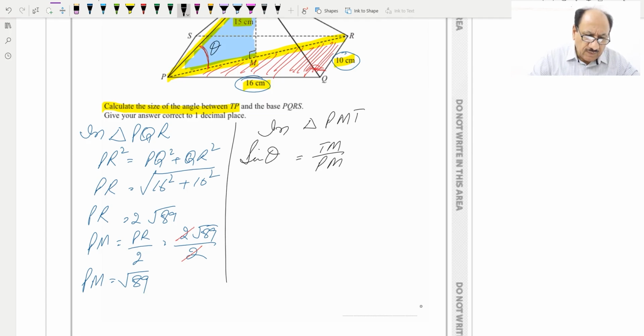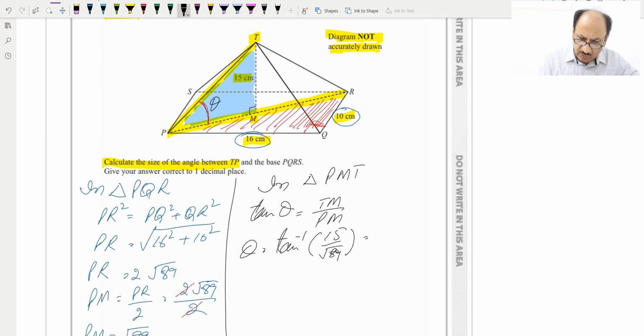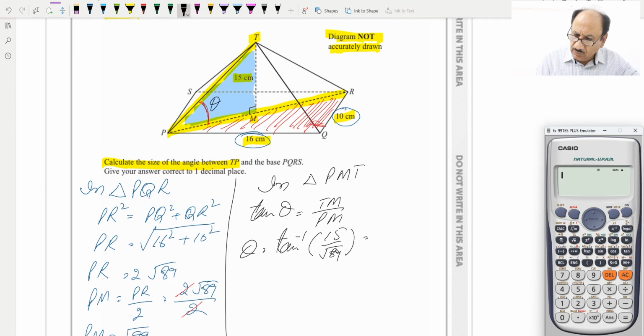No, it will be tan theta. Basically we will take tan theta because opposite over adjacent is tan theta. So we can write here tan theta. So theta will be equal to tan inverse of 15 over under root 89.